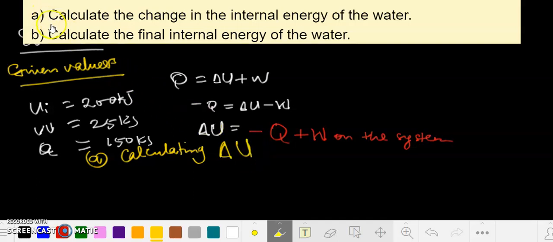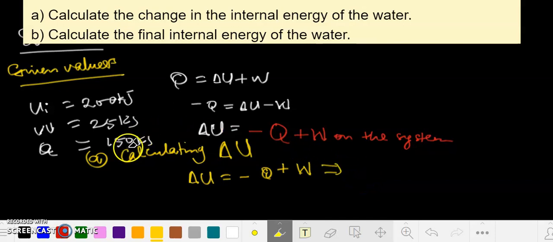We are going to use delta U equals negative Q plus W, which implies that work is done on the system.